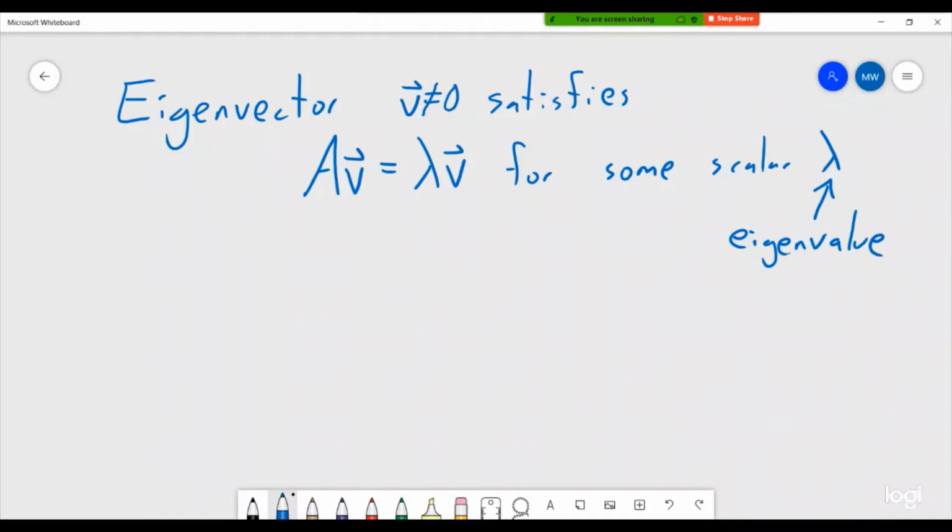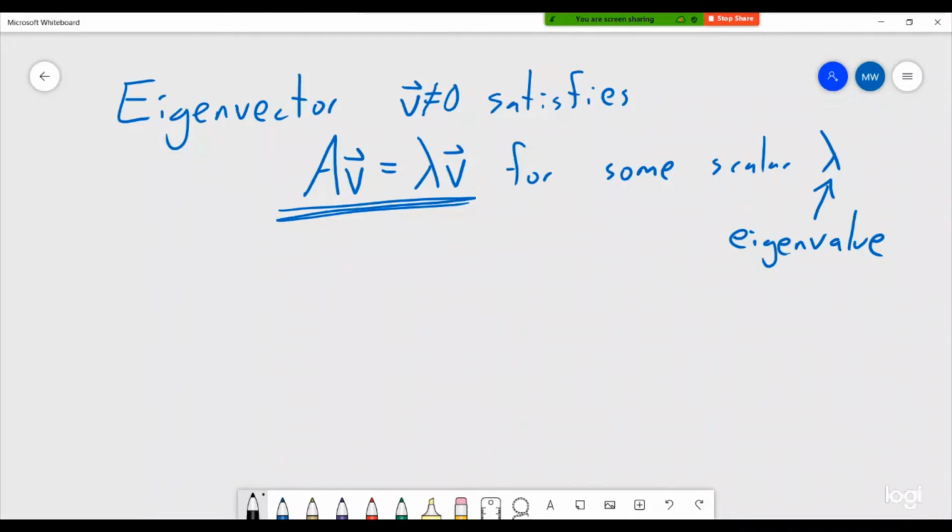Those are the two main things that have eigen in front of them, eigenvector and eigenvalue, and they all come back to this relationship. If we look at this relationship, that gives us an idea of how we can visualize these graphically.